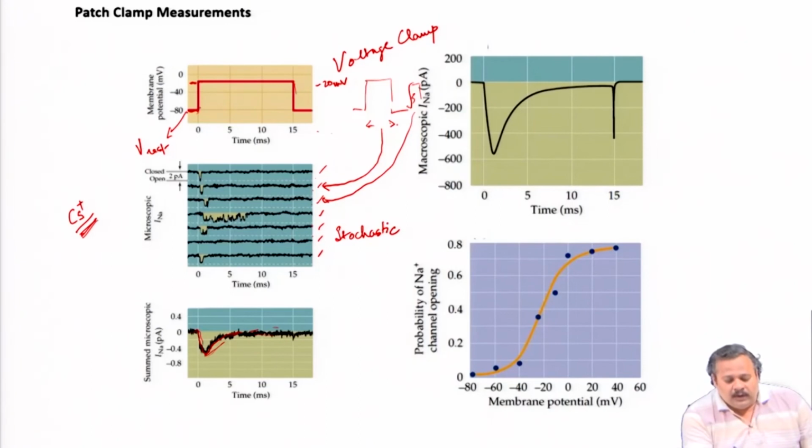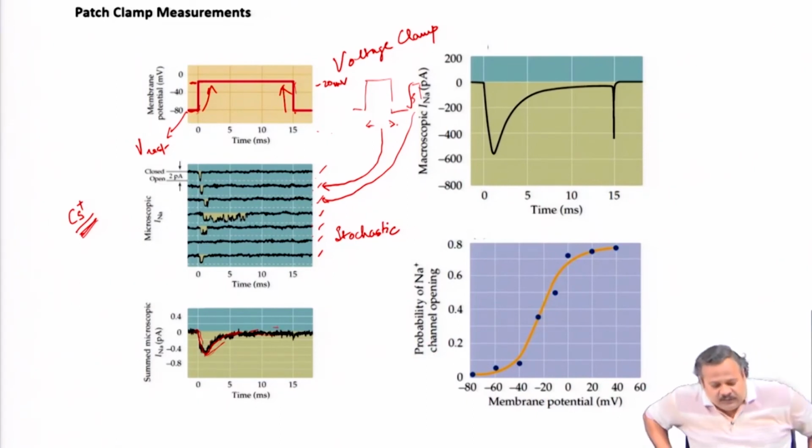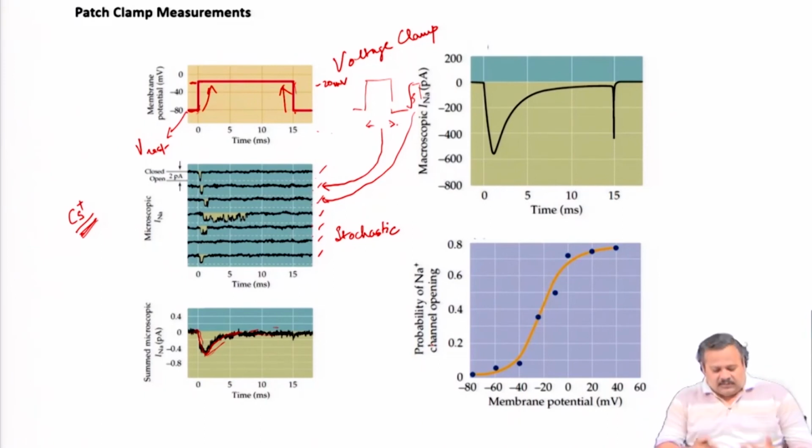So, although we are not changing the voltage, that is, the voltage is fixed throughout the 15 milliseconds at minus 20, which is 60 millivolts above rest, the sodium current magnitude increases and then goes back to 0. So, this will show us an interesting phenomenon about sodium channels later on.